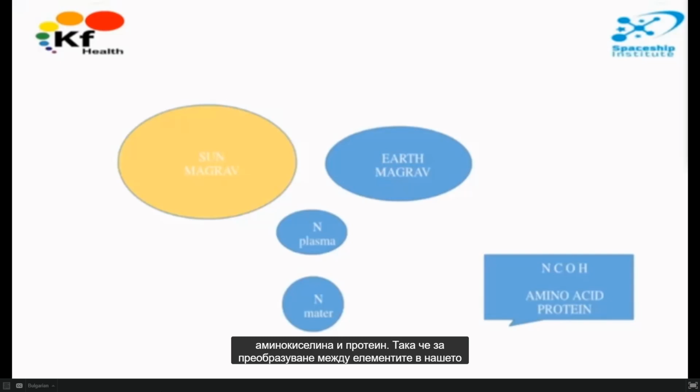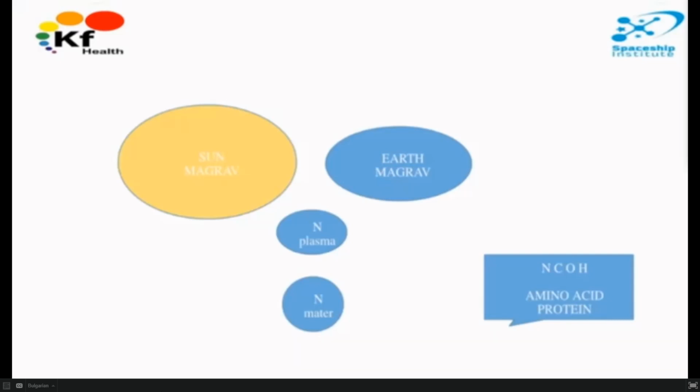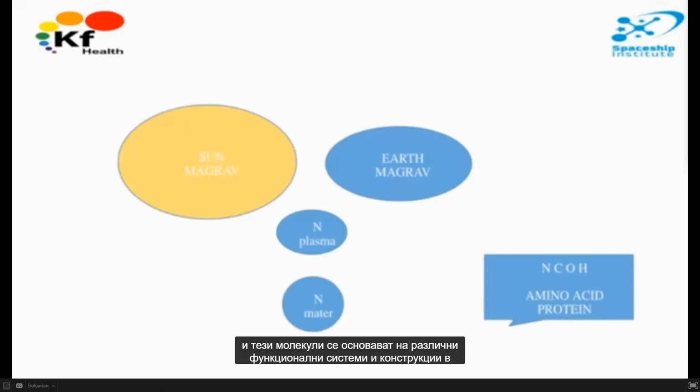So through the conversion between the elements, our bodies are sustainable. They are able to organize all elements into different kinds of molecules. And these molecules are the basis of different functional systems and constructions in our body. But actually, all the transfers and all the support in a reaction are on the magraph plasma level.